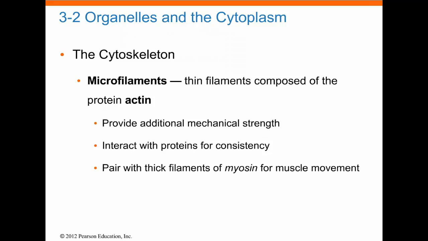These are made of a protein called actin, and they provide strength and consistency, and they work in pairs with the thick filaments of myosin, if we're looking at muscle movement. So when we look at the muscular system, down at the microscopic layer, the words actin and myosin will come up again.